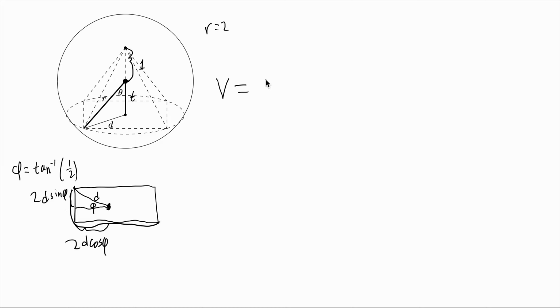So 4d squared times sine phi times cosine phi, and this is the area of the base.